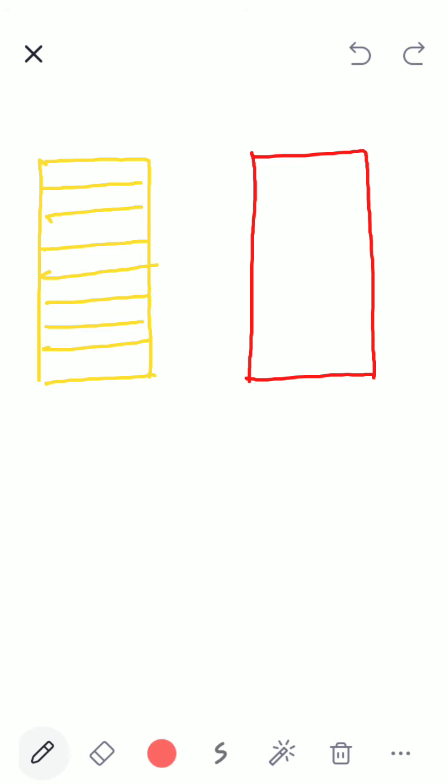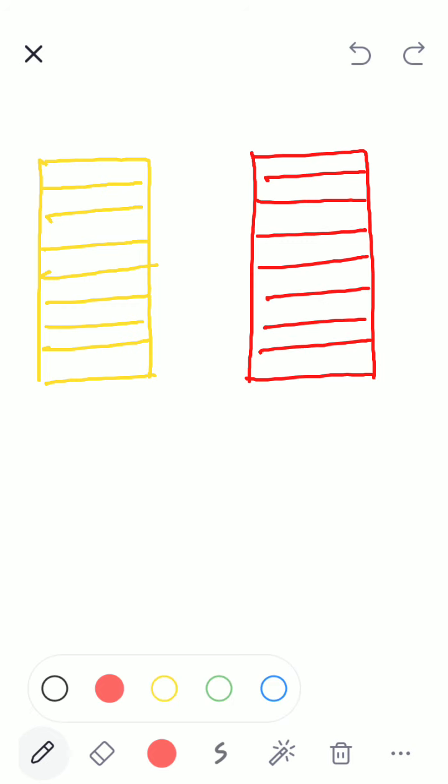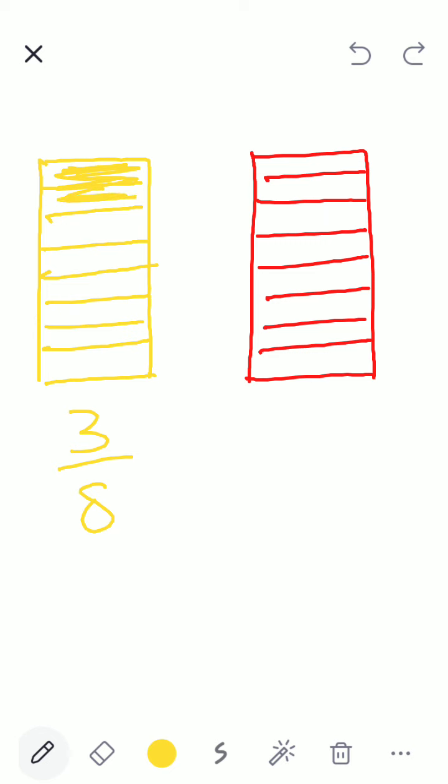And the other one also into eight equal pieces. The first fraction was 3 by 8, right? That means one piece, two pieces, three pieces. Suppose I eat. So what fraction have I eaten? 3 by 8 of the chocolate.